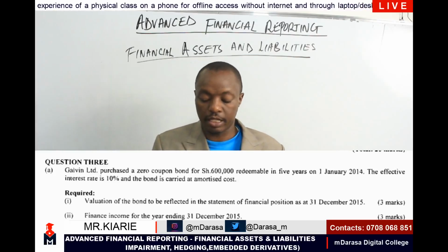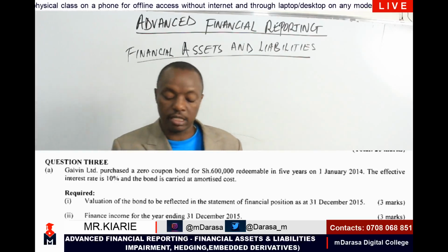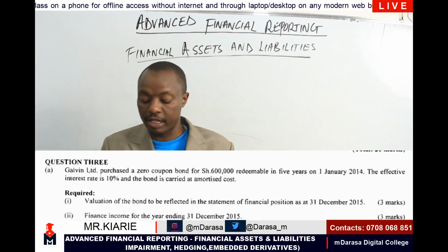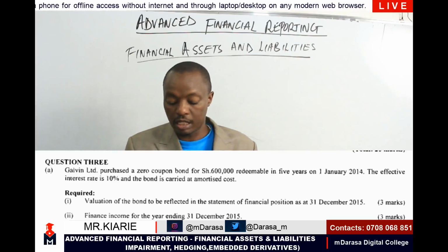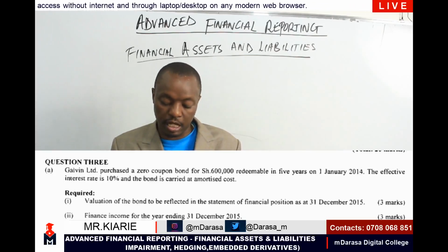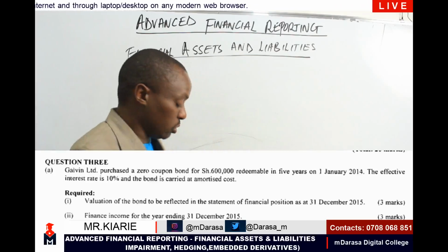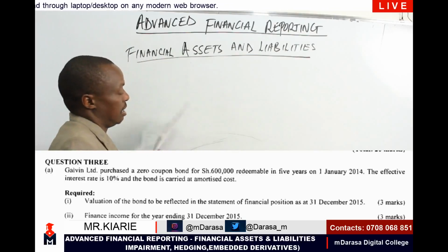As we have just commented, a financial asset will give rise to a finance income in the income statement. So let's start where it's easier, with the finance income, and then you show the SFP.